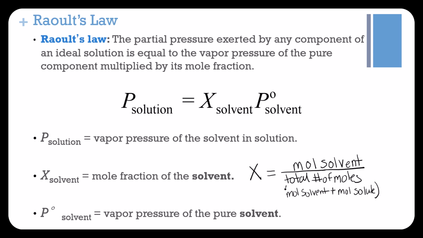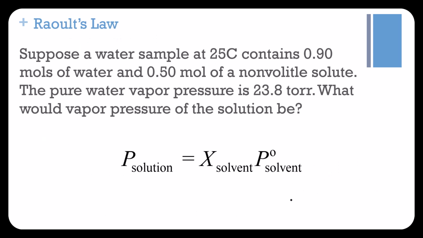So every single particle that's present in that solution, we're going to add up the number of moles for each of those. So this is probably the most quote-unquote difficult part of the whole equation, just making sure that we correctly calculate the mole fraction. So let's just take a look at an example together.